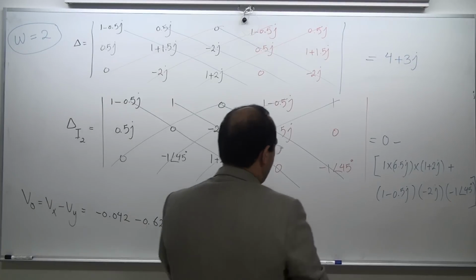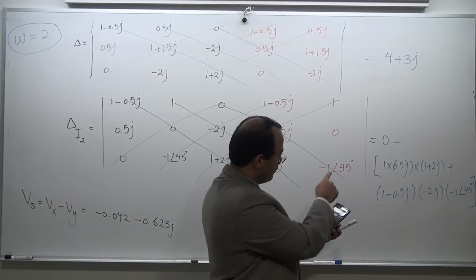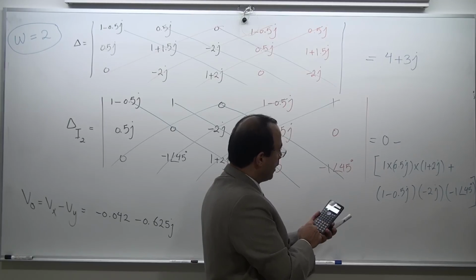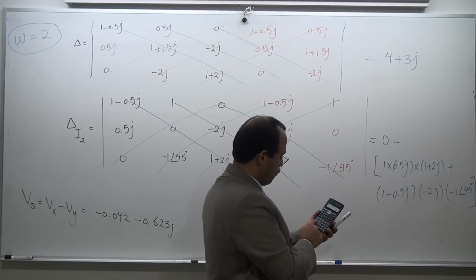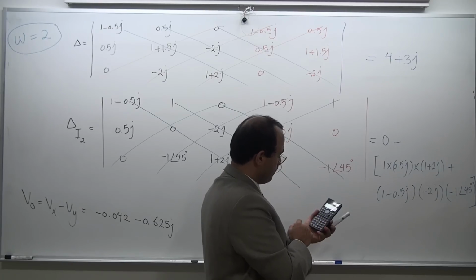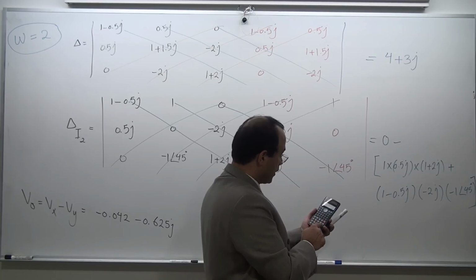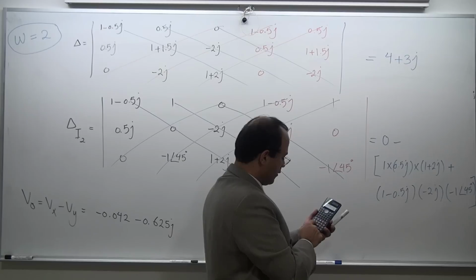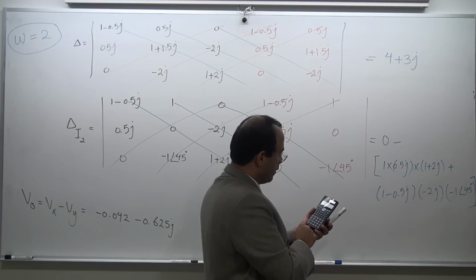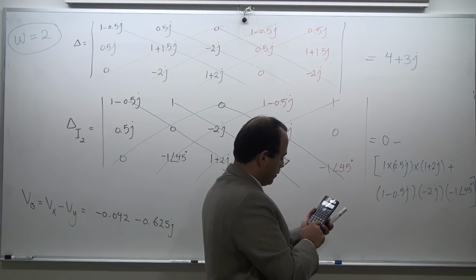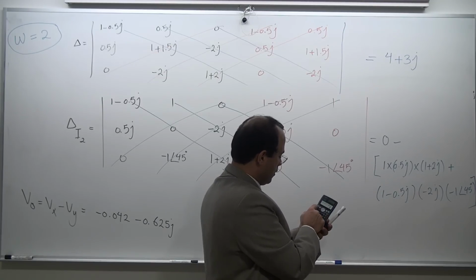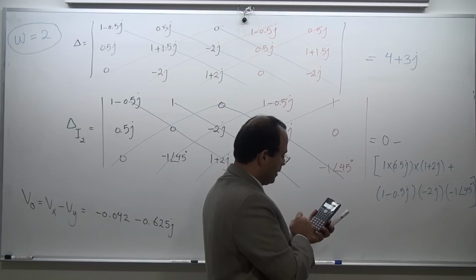One more time. I've got 0 minus, open bracket, 0.5j, 1 plus 2j, and then you have another minus sign, open bracket, hopefully I don't forget the brackets, times minus 2j, okay, times 45 degrees.